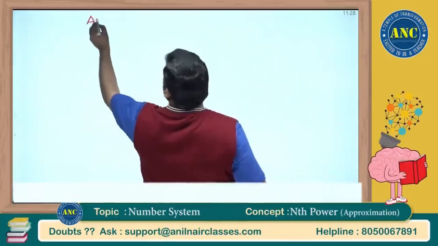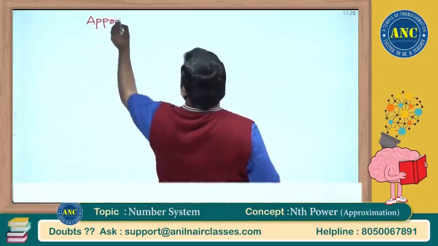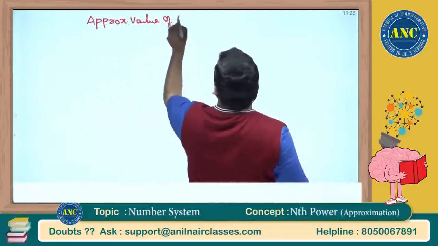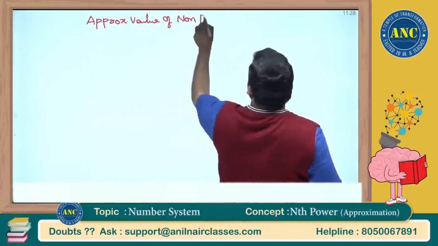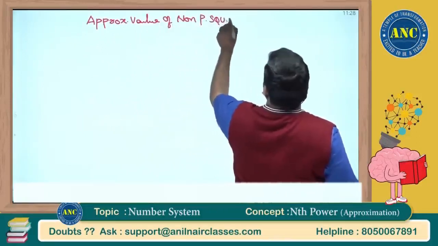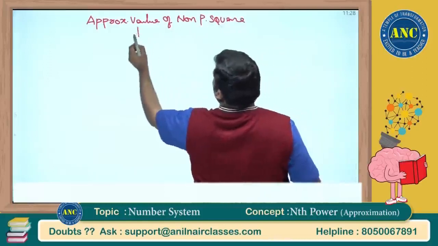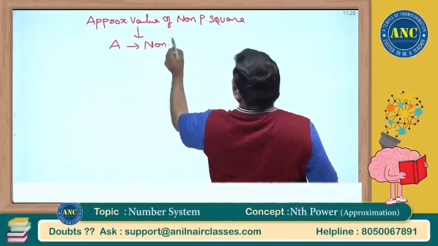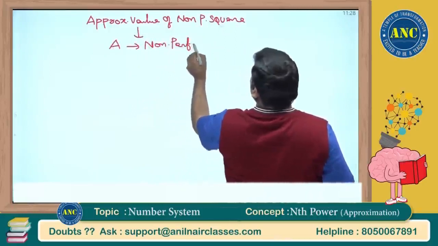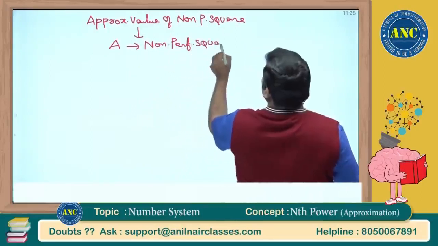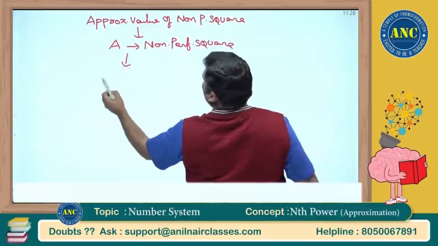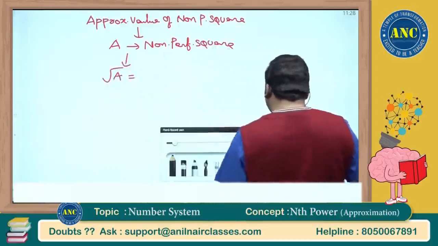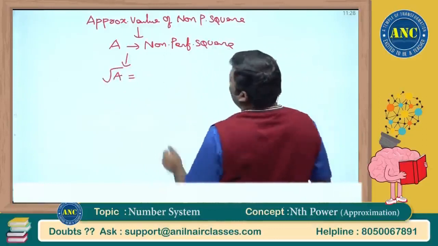So what is the concept? Approximated value of a non-perfect square. If A is a non-perfect square and I want root of A, what will be the answer?